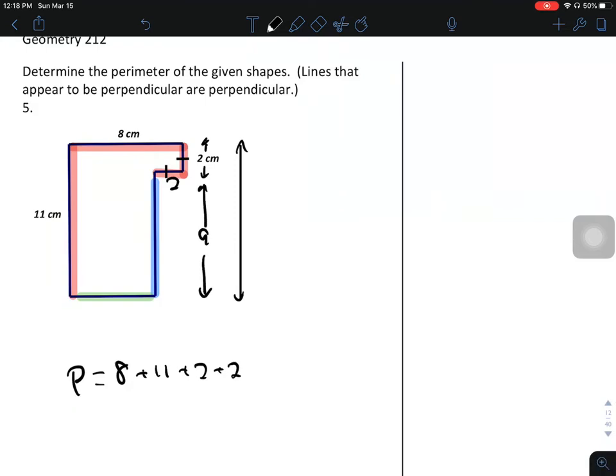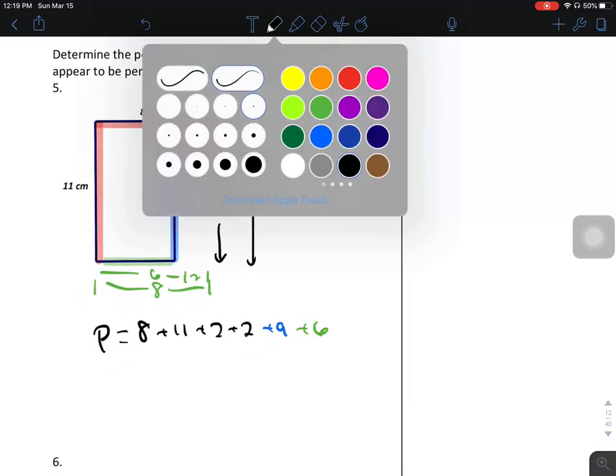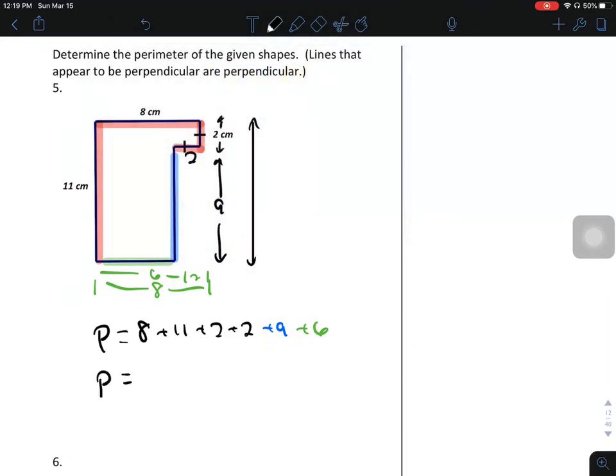So this blue part is going to be a 9. And using similar logic, this green part, this whole thing is 8, and you've used 2 of it, so this other part has to be 6. If you add up all those numbers, you're going to get a perimeter of 38.